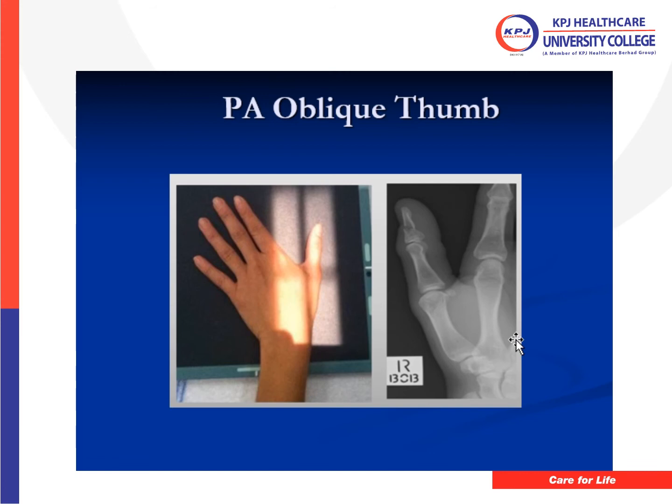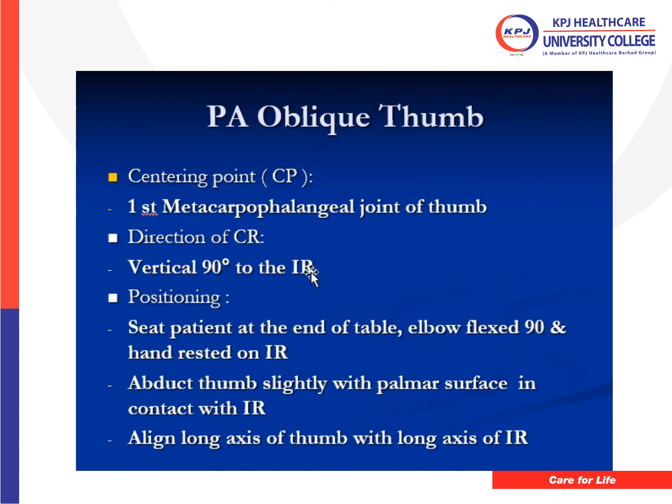Earlier was true lateral; this one is just placed on the palm close to the image receptor, as in the cassette. This is the crosshair indicating the centering point. Centering point is at the first metacarpophalangeal joint and directed perpendicular to the image receptor.